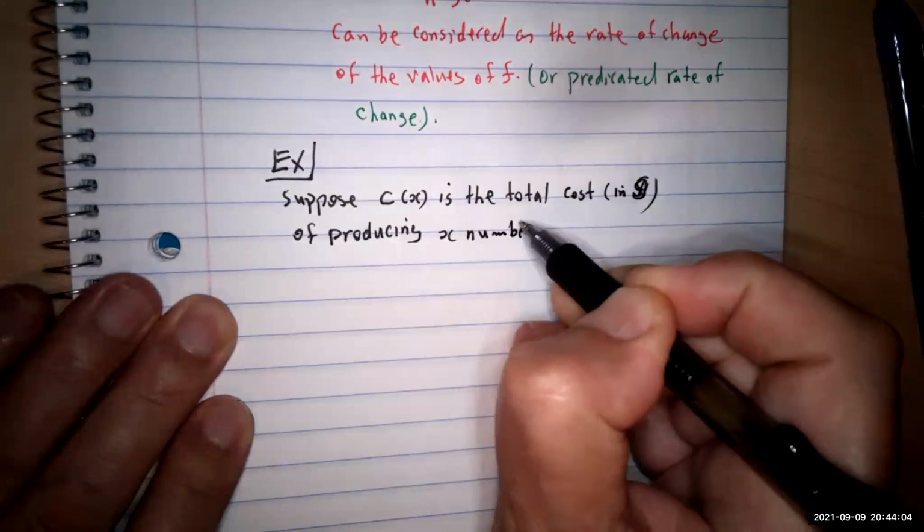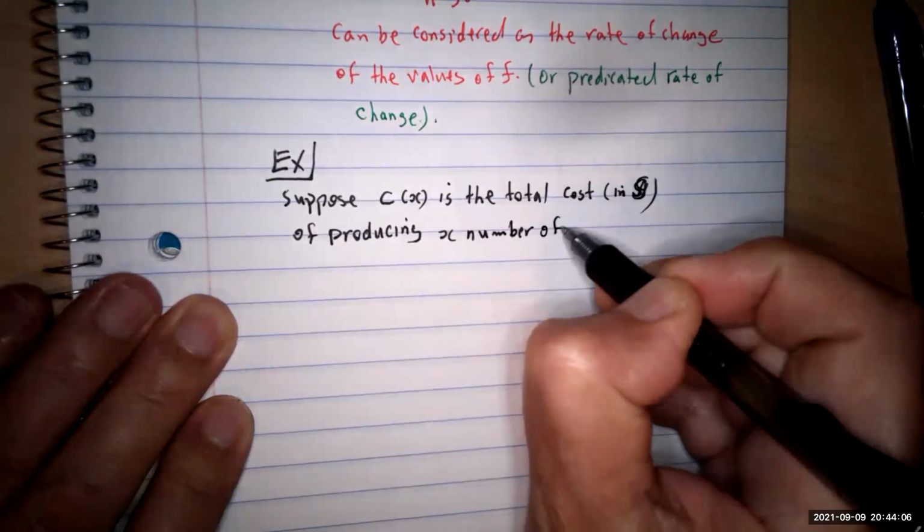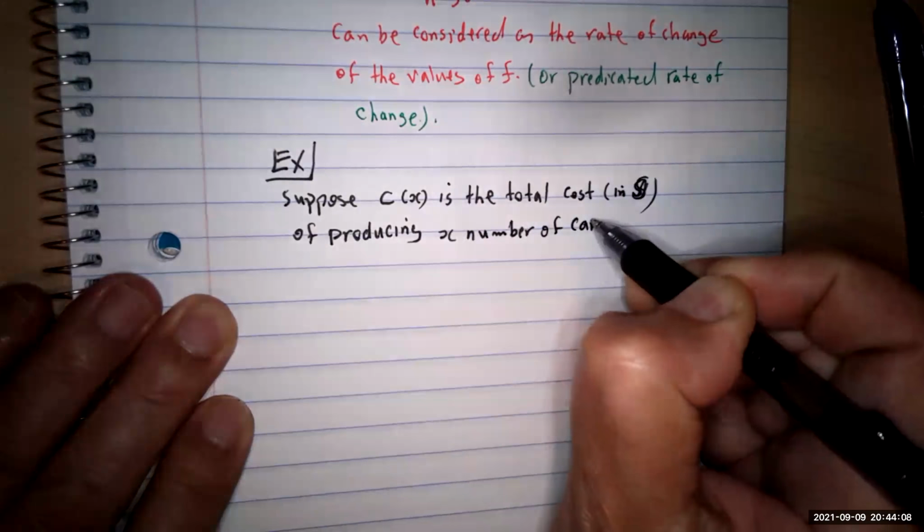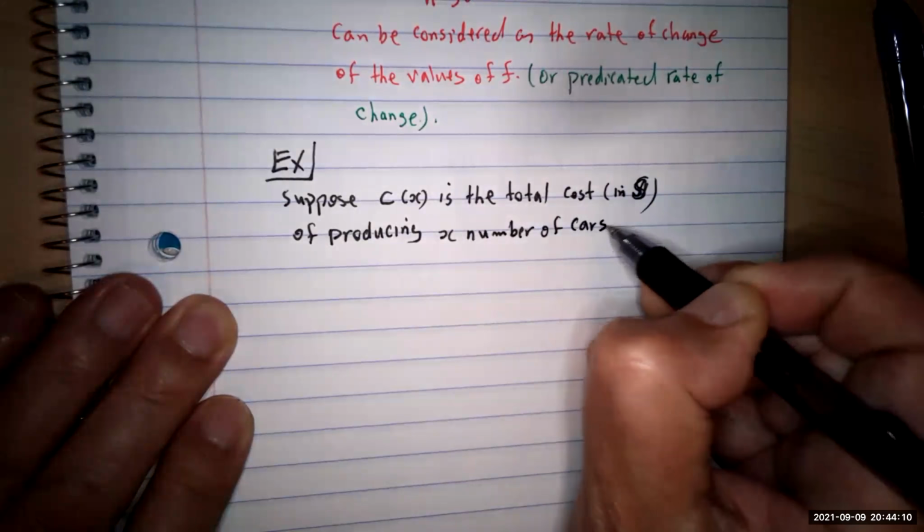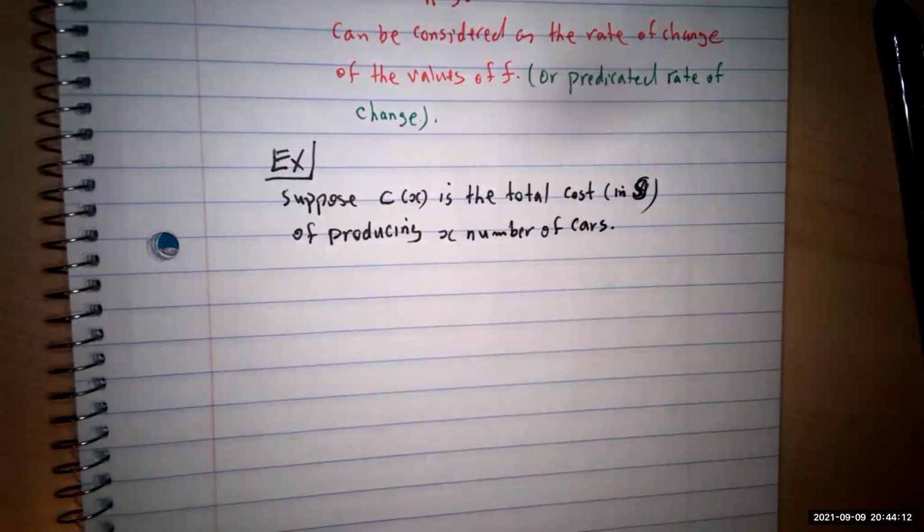So if you consider C of 10, for example, you just consider the cost of producing 10 cars. In general, it's the total cost of producing x number of cars.